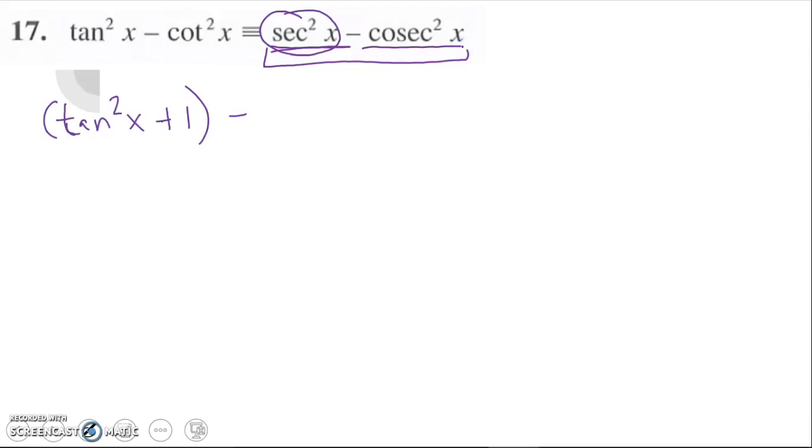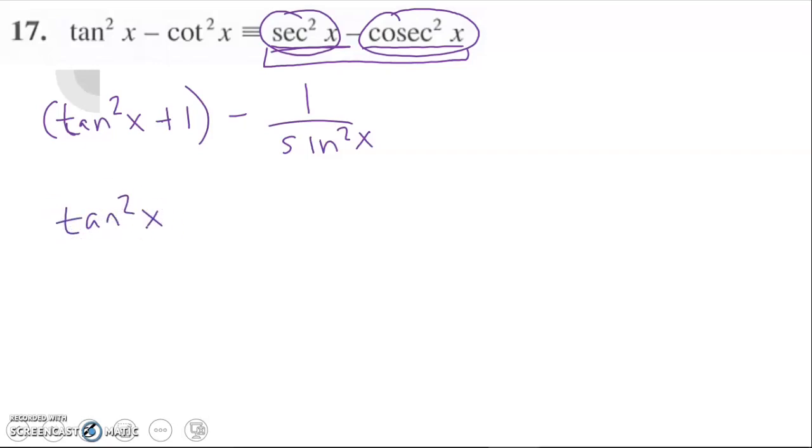Well, I can replace this with what? Right? I can replace this with 1 over sine squared x. Okay? Let me simplify this just a little bit.